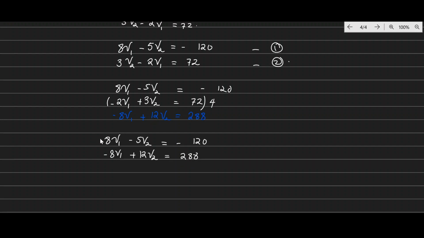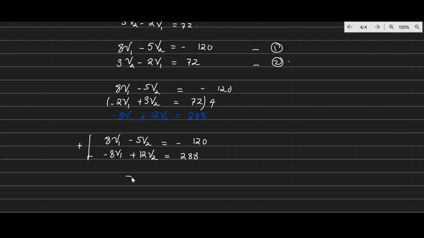as the second equation. For the elimination, I need to add them, because this side is negative and the other side is positive, so addition is going to work. If I add these two equations, the V1 terms add up to 0, meaning I've managed to eliminate V1. Then negative 5V2 plus 12V2. What is negative 5 plus 12?